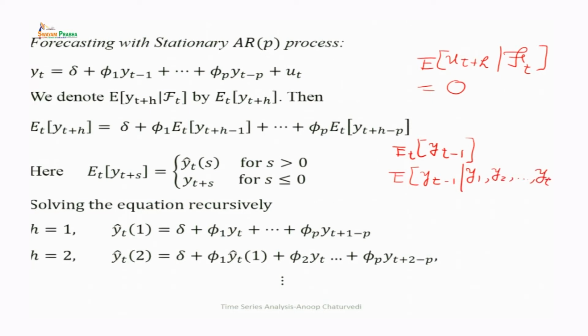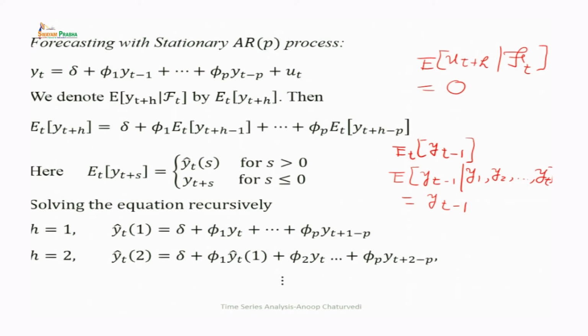These observations are given. So, obviously, y_{t-1} is given, and given y_{t-1}, this expectation is equal to y_{t-1}. So, for s less than or equal to 0, this expectation is y_{t+s} itself.